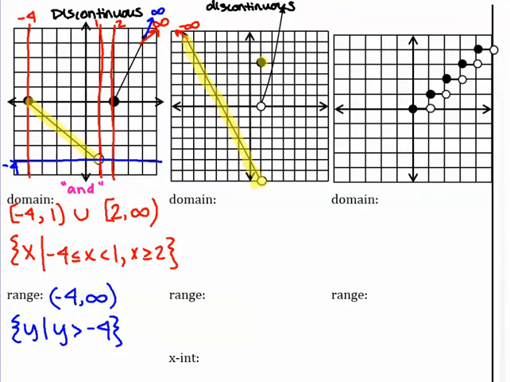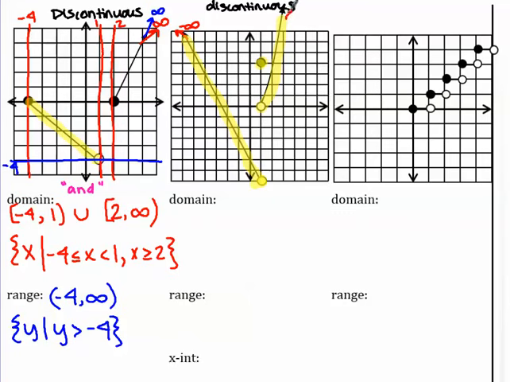But on this problem, we start going along this first branch of the function. We get here, we jump up to this point, then we jump to this other branch of the function. So there are no x values that don't have a function value.